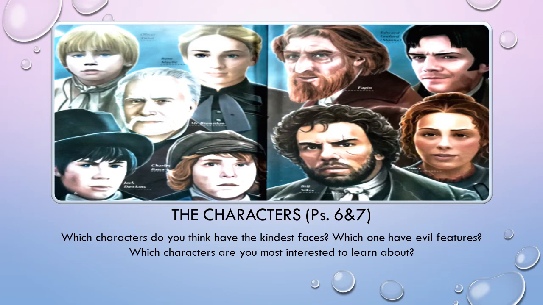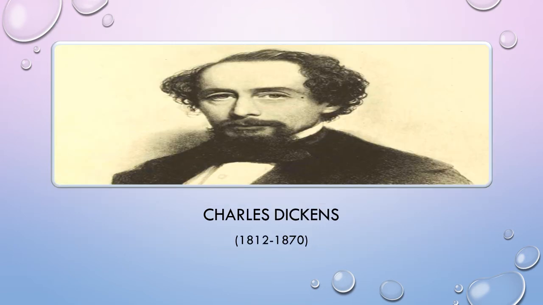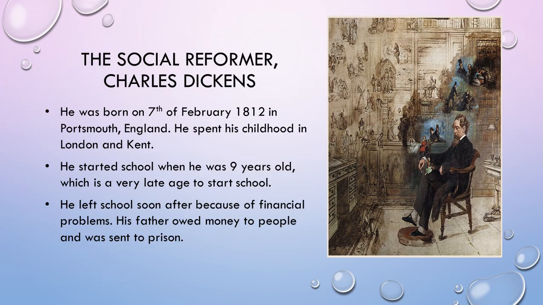This is our writer, Charles Dickens. He was born in 1812 and he died in 1870. He wrote a lot of books, and he was called the social reformer. He was called the social reformer because he did a lot of acts that helped repair the social situations in England back then.